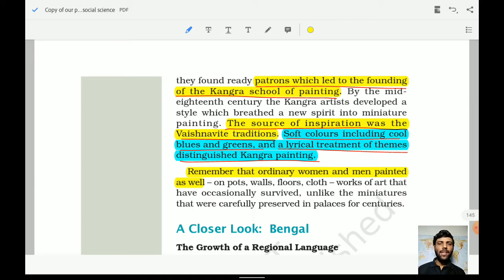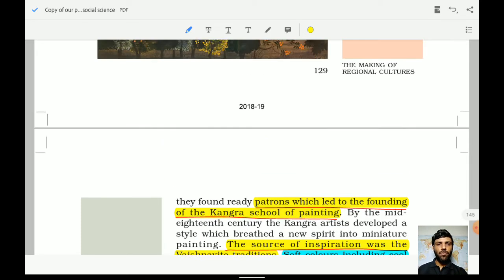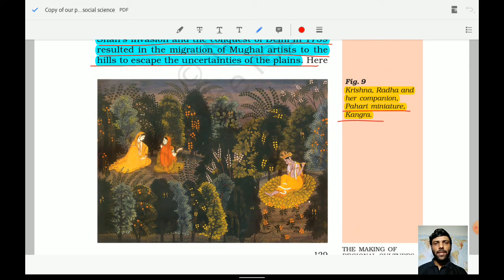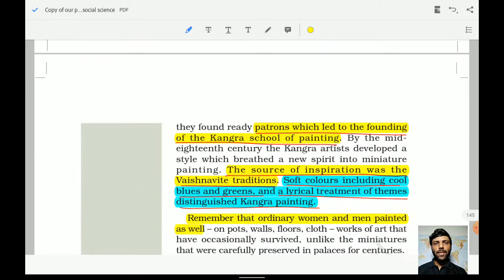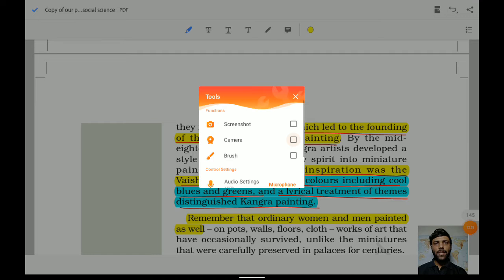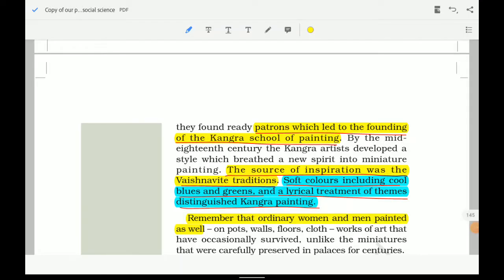Since we have already seen the depiction of Lord Krishna, if you pay attention, here Lord Krishna has been depicted, and the companion of Radha along with Radha has been depicted beautifully. Now we will talk about the characteristics, which will show what type of colors have been used and what the purpose of using those colors was. So let us see that as well.